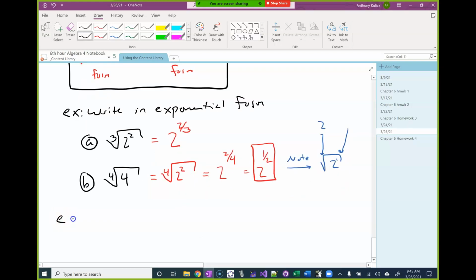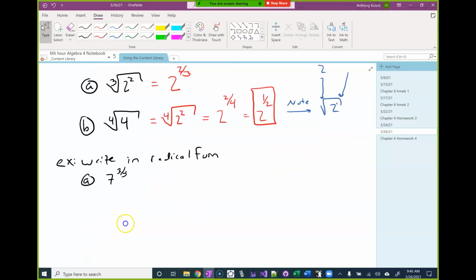Now reverse it: take exponential form and write it in radical. So let's say we have 7 to the 3/5. The denominator in our exponent is the index for our radical, so this is going to be a 5th root.